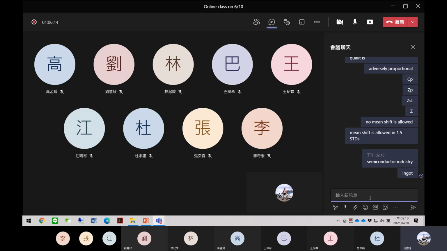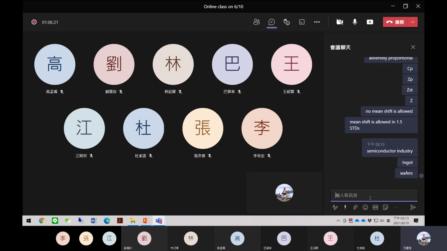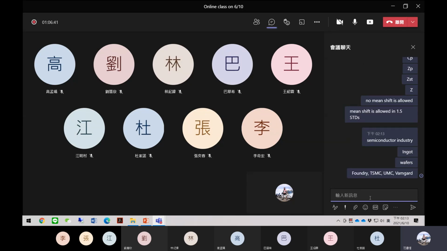We grow the ingot, cut it into wafers, polish the surface of the wafer, cut it into pieces and send it to the foundry, like TSMC, UMC, Vanguard or something like that. This is called the front end of the line.